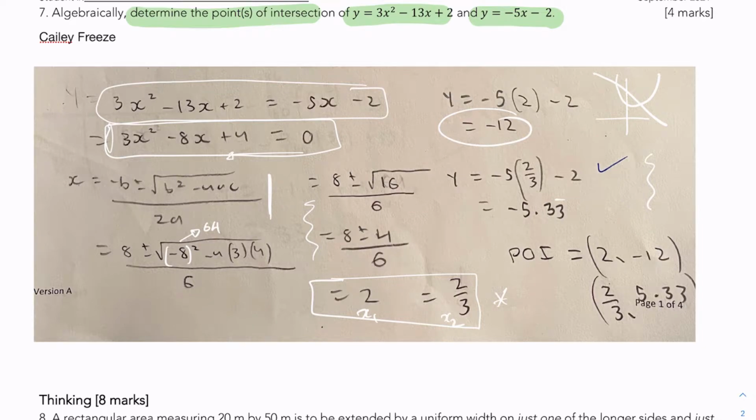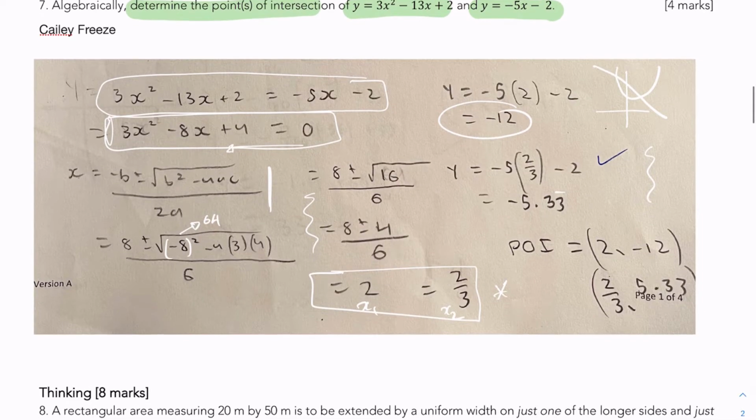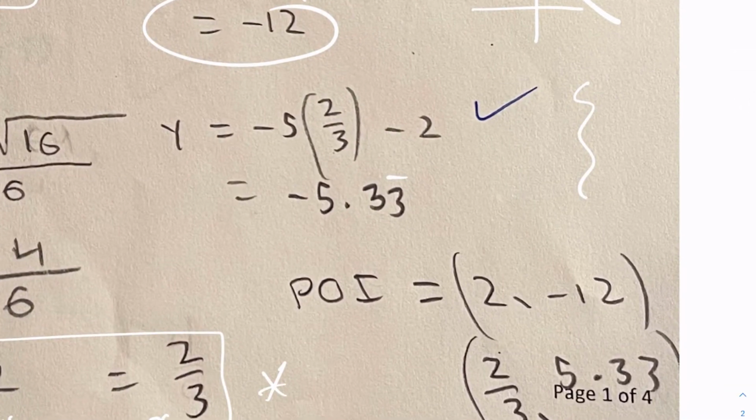x2, for the 2/3. Again, try to get into the habit, unless it's a word problem, to leave your answers as a fraction. So this would be -10/3 minus 2 over 1, which becomes -10/3 minus 6/3, -16/3.